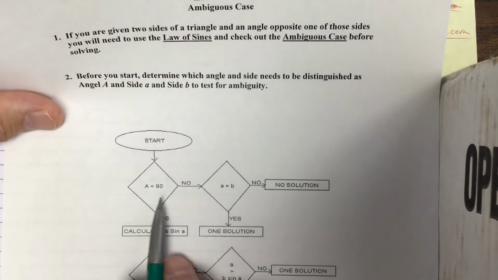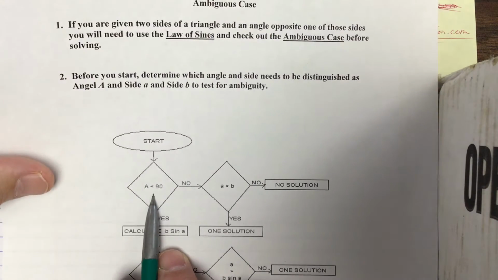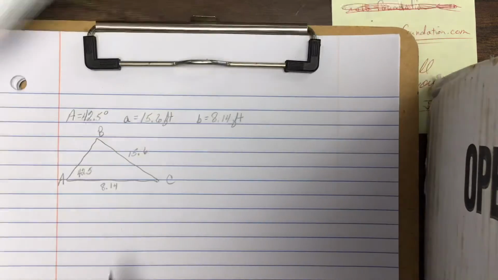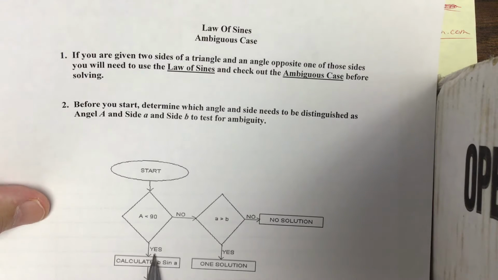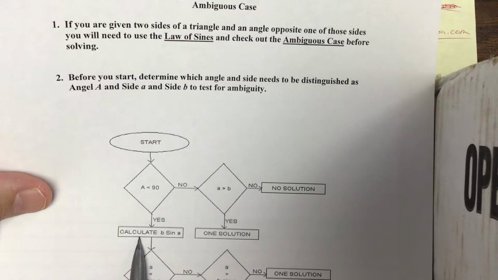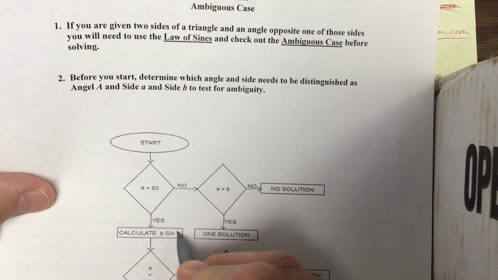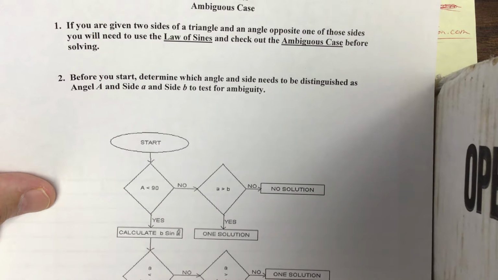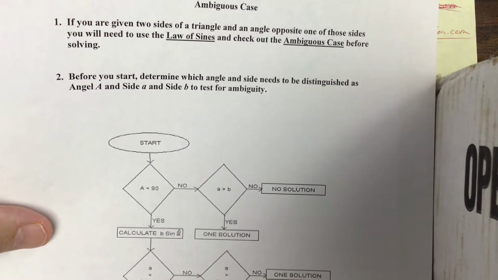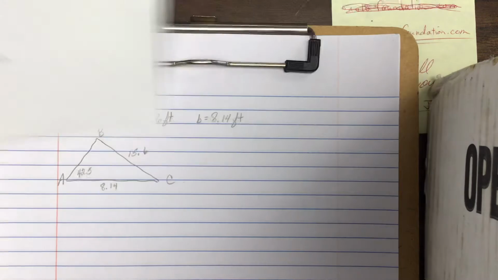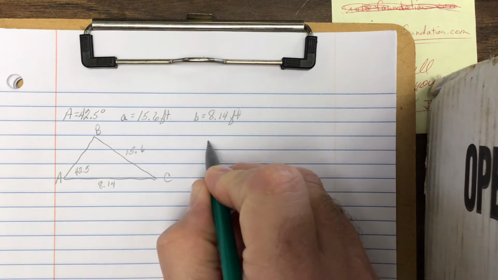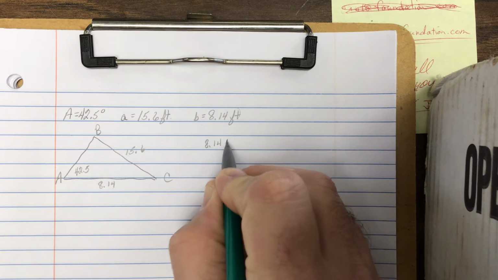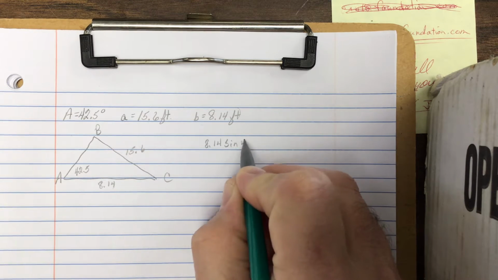Now, let's look at this flow chart and follow along. Start. Is my angle A less than 90? That's, again, a decision to be made. Well, my angle's 42.5, so the answer is yes, it's less than 90. I follow it down here. So I'm going to calculate B sine A, and this should be capital A for angle A, okay? That's the first thing I'm going to do. B is 8.14 times the sine of 42.5.